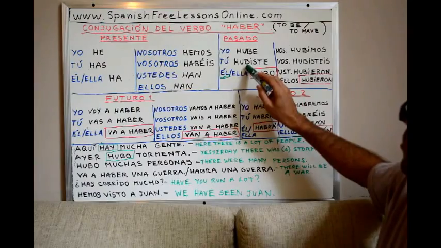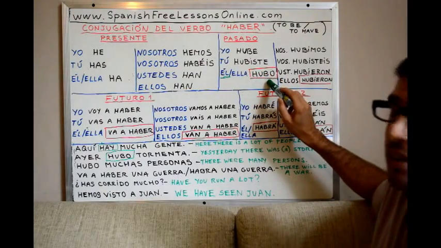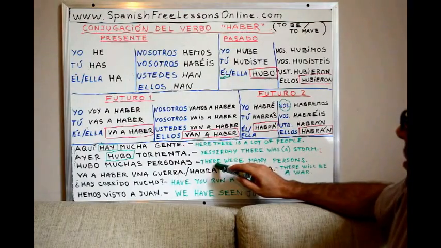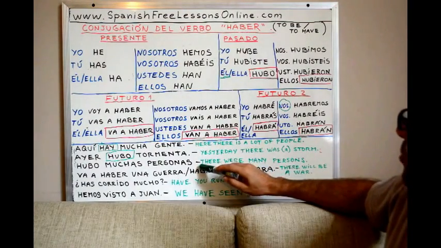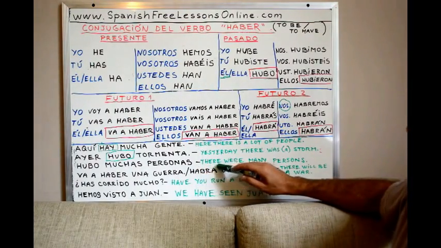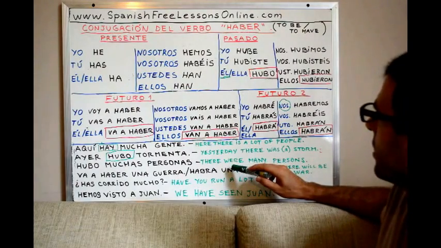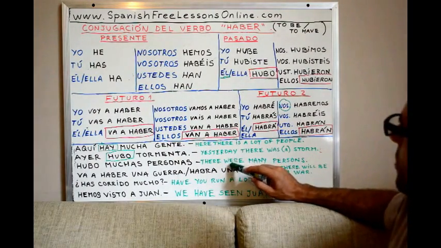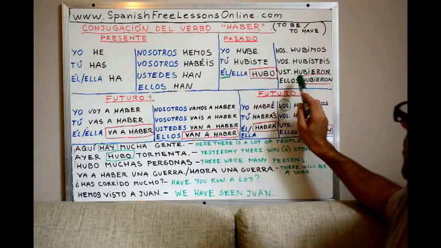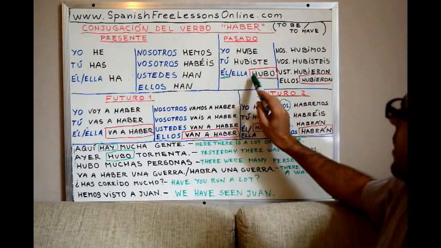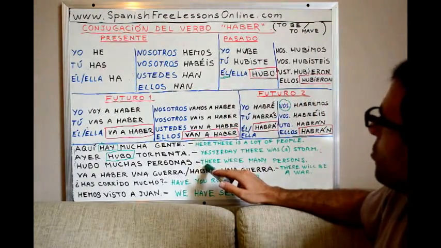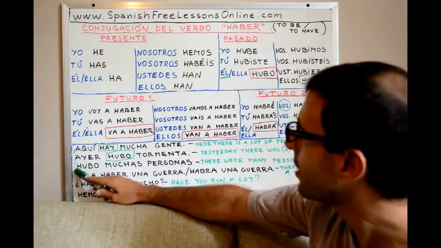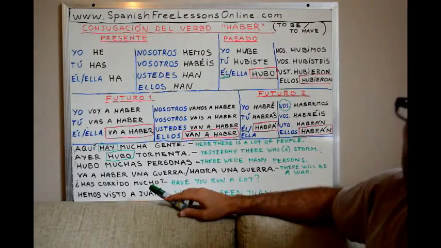Here I have translated it as there were instead of saying there was, as it would be here, hubo would literally mean there was.